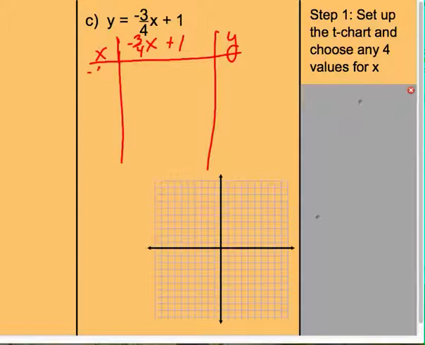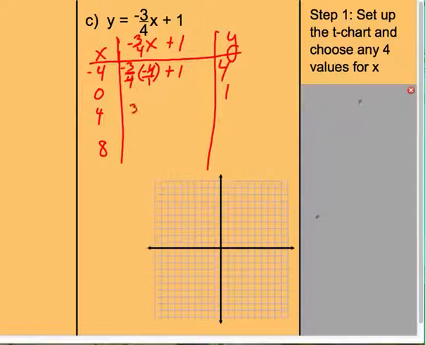So I'm going to do -4, 0, 4, 8. Substituting in, remember this bar that I just drew means divide. So I like to divide first. You can also, if you insist, turn your integer into a fraction. And essentially here, I'm just going to cancel my 4's. -3 times -1 is 3 plus 1. Multiplying by 0, I get 0 plus 1.